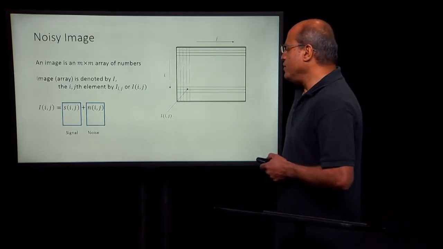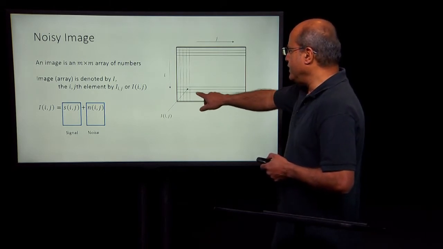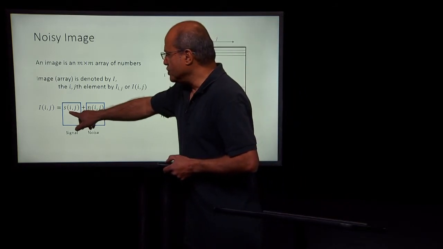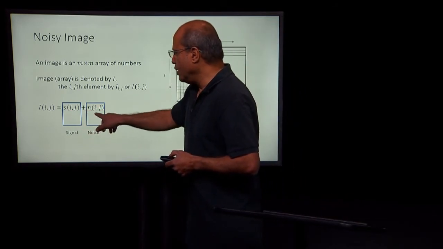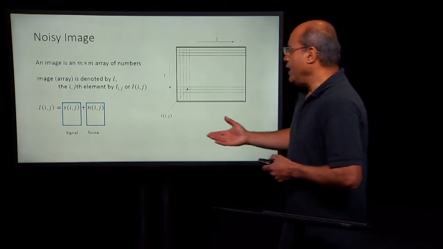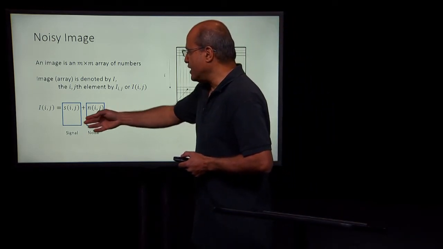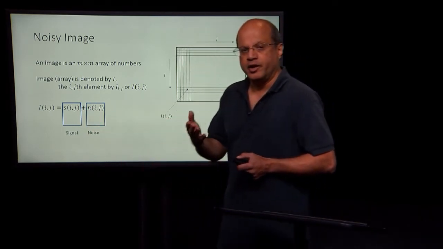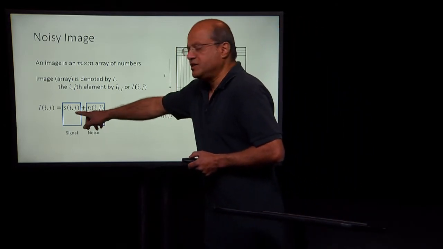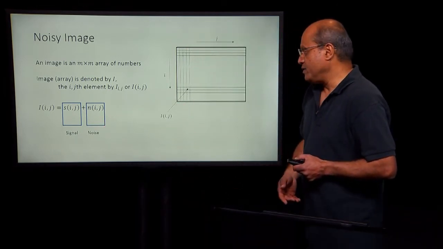A simple model for a noisy image is that the ij-th pixel has a value which is the underlying signal plus some noise that corrupts that value of the signal. The signal is a deterministic quantity, which means if you were to repeat the experiment, in principle, S stays the same, but N now changes from experiment to experiment.